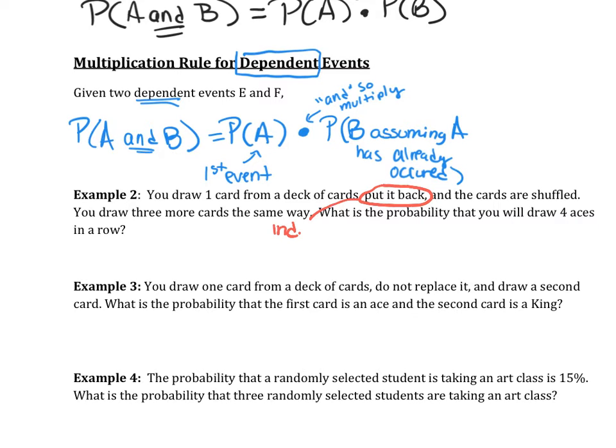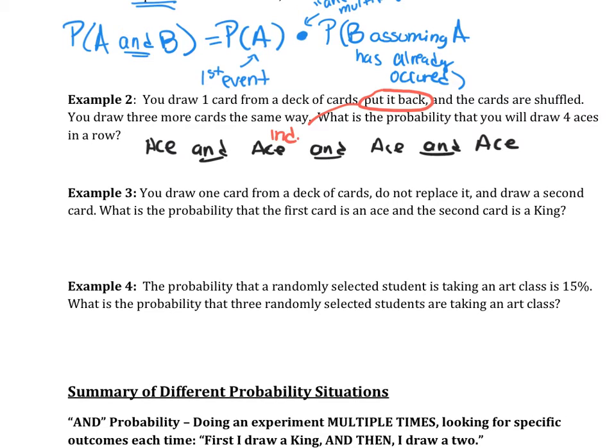So in other words, you want an ace, and another ace, and another ace, and another ace. 4 aces in a row. And then since we're putting the card back each time, every time we calculate a probability, we will have all 52 cards to choose from.